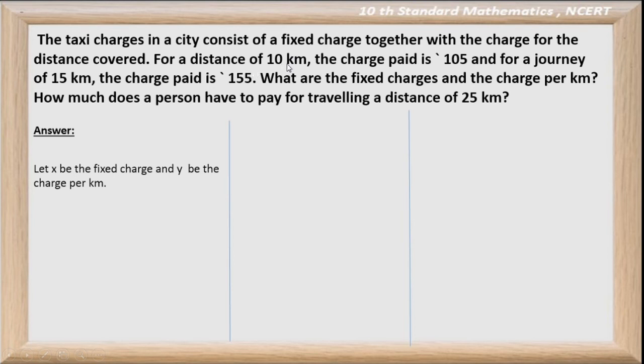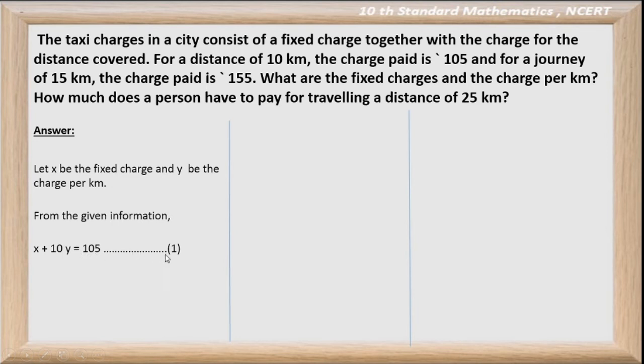Now, for a distance of 10 km, the charge paid is 105. Fixed charge is x, plus the distance is 10 km. The charge per kilometer is y. So cost for 10 km is 10y. So we can write x plus 10y equal 105.